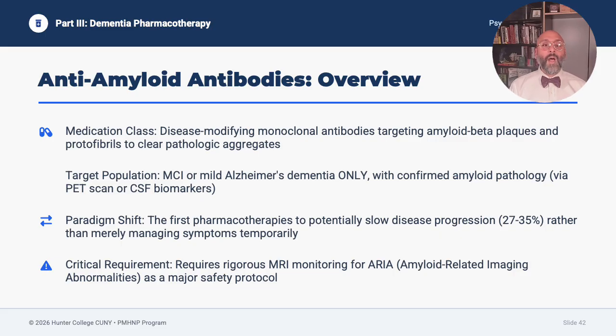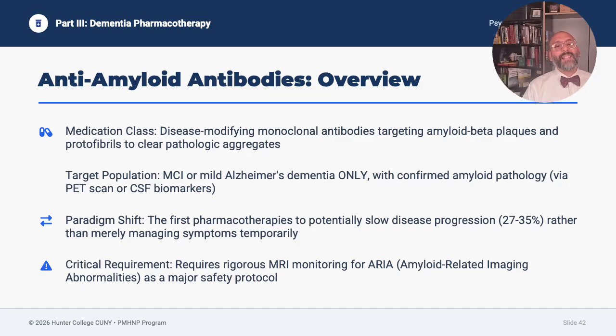That said, this benefit comes with significant complexity. So this requires MRI monitoring because of ARIA, which is amyloid-related imaging abnormalities, which, like I said earlier, includes brain edema and microhemorrhages. So because of this, prescribing is not just about writing an order. This involves careful patient selection, shared decision-making, and imaging infrastructure where they can go consistently and have this done, as well as ongoing safety surveillance.